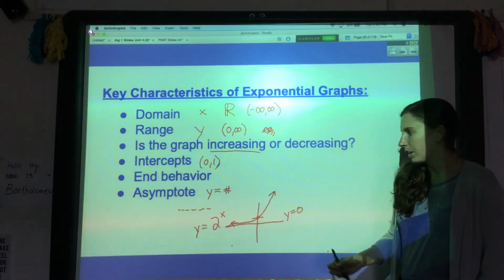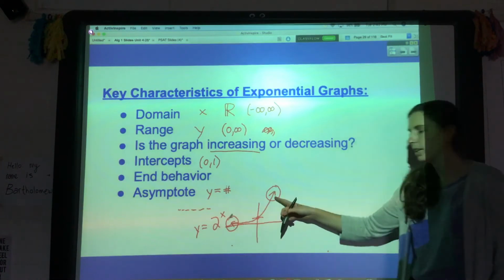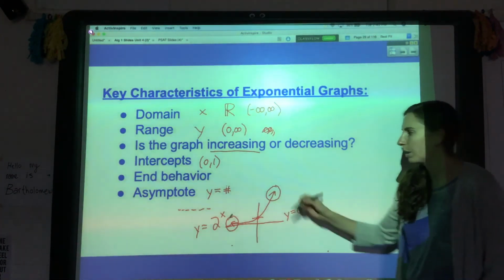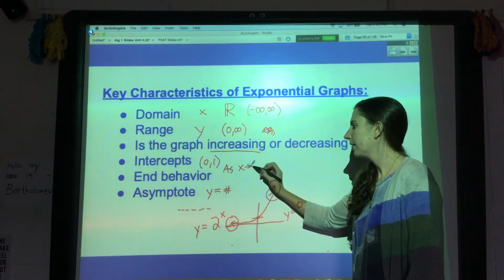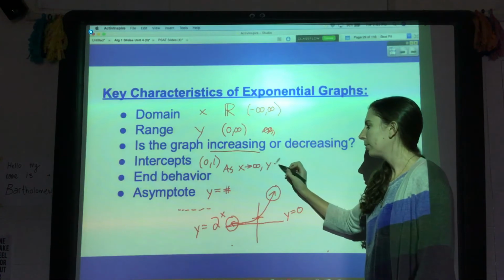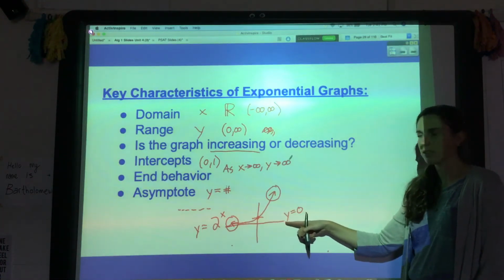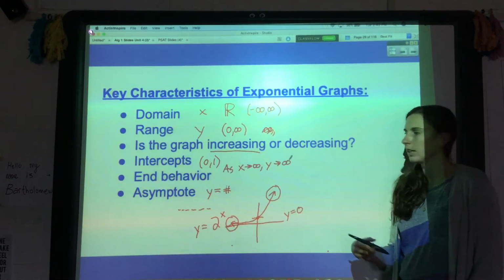The end behavior is what's happening at the ends of the graph. On the right side of the graph, it's going up. So the way we'll write that is, as x approaches infinity, y approaches infinity. As x increases, y increases. As x gets bigger, y gets bigger.